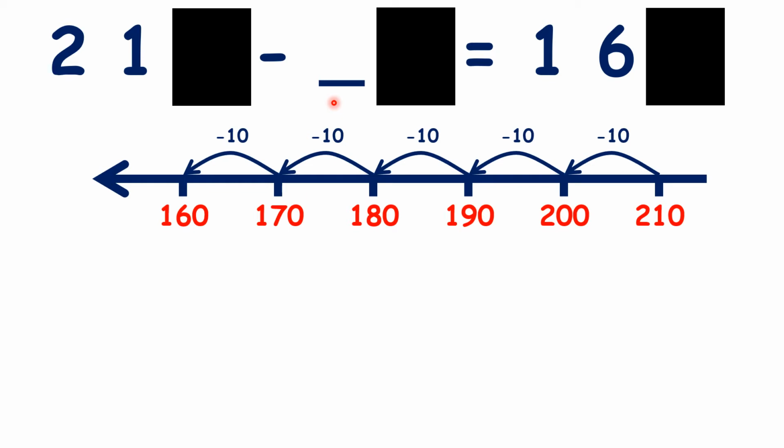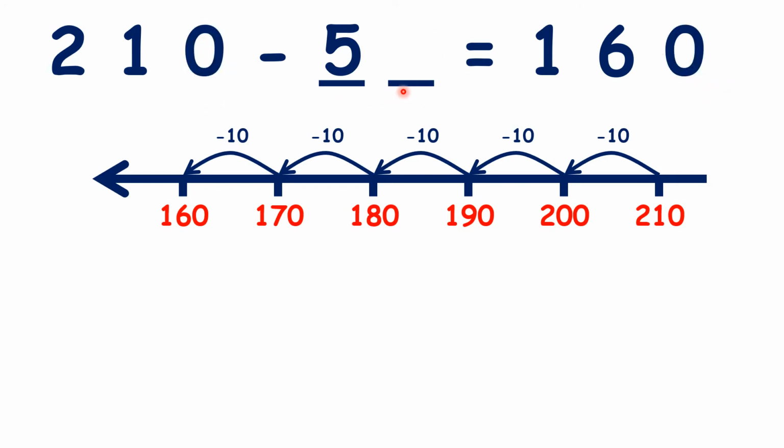Now you can easily work out that 21 minus 5 is 16. But we don't want to just write 5, because 210 minus 5 is 205, not 160. So we need to show that this 5 stands for 5 tens, so we need a 0 in our units column.